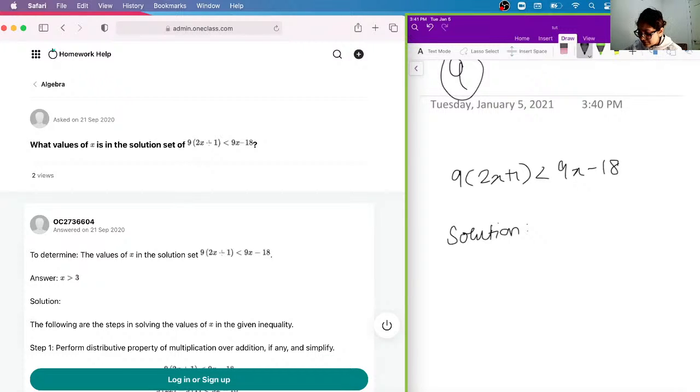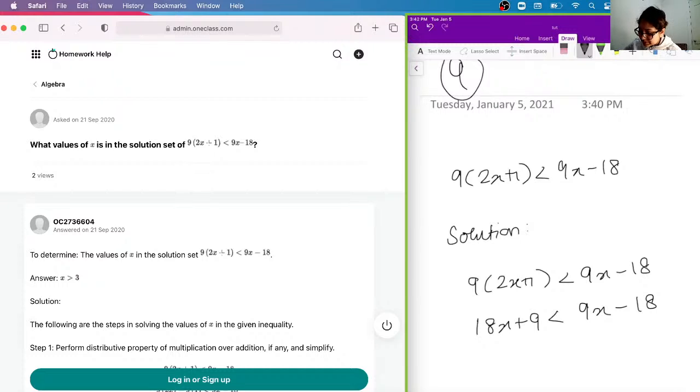So we have 9 times 2x plus 1. We just have to distribute this. So we have 18x plus 9 is greater than 9x minus 18.